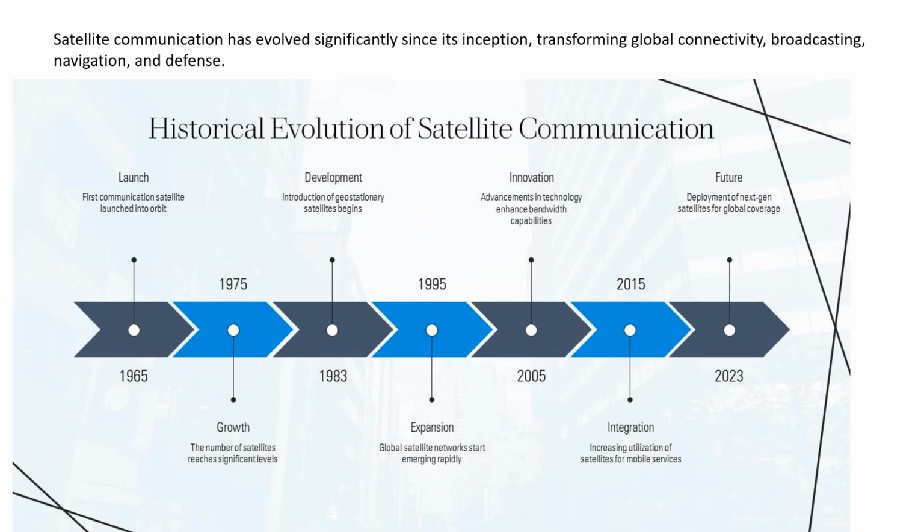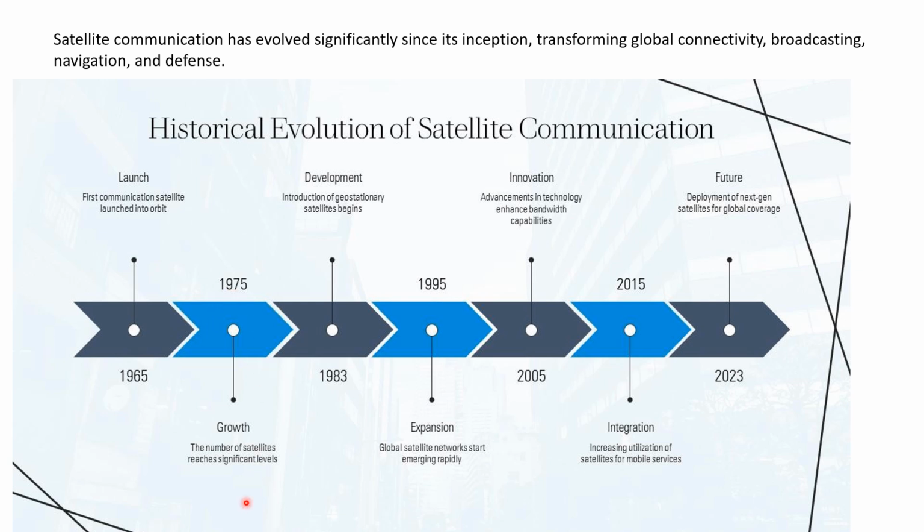So coming to the evolution of communication satellite. Satellite communication has evolved significantly since its inception, transforming global connectivity, broadcasting, navigation, and defense. In 1965, the first communication satellite was launched into orbit, and growth took place around 1975.